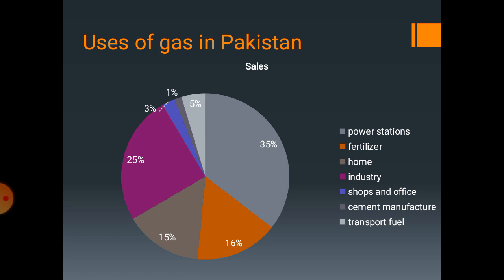Students, as we all know, oil and gas are a very important source of energy and fuel for transport. But we must remember that oil and gas cannot be produced artificially. It took thousands of years to produce oil and natural gas.